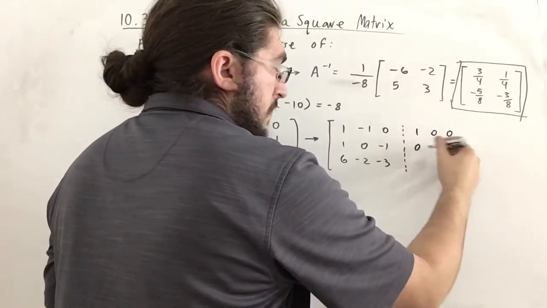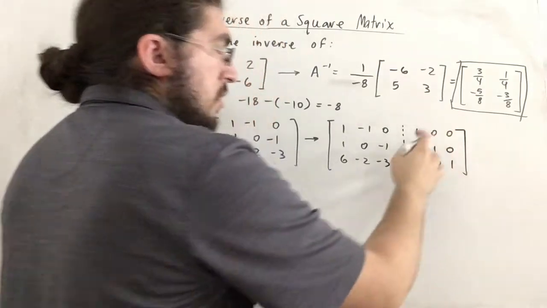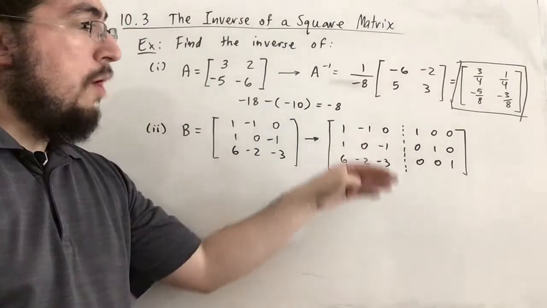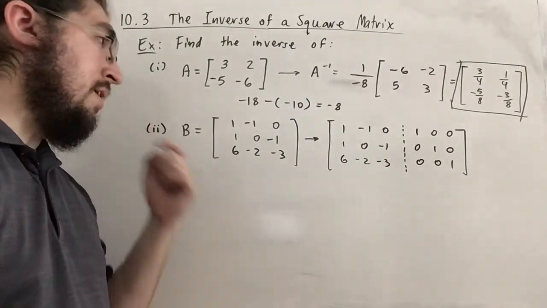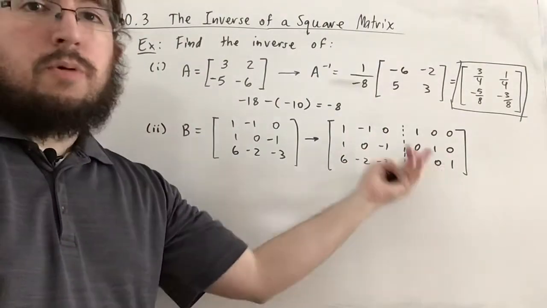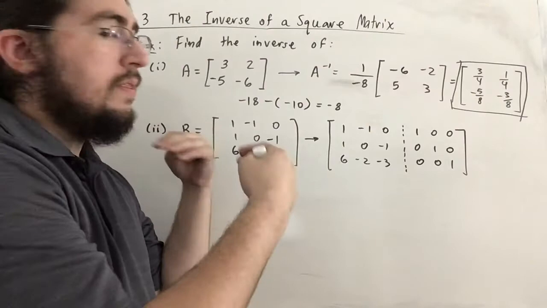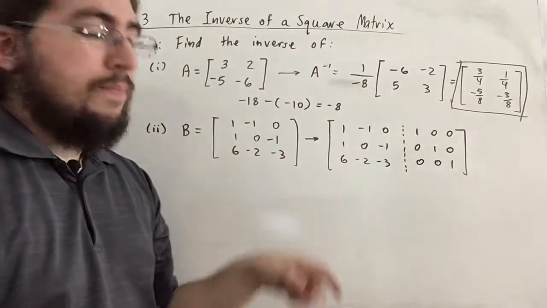And then the identity, in this case a 3 by 3 identity, is 1, 0, 0, 0, 1, 0, 0, 0, 1 on the right. Now we'll use row operations to transform this side into the 3 by 3 identity. And the result we get here will be the inverse. The only thing is, when we're applying the row operations, we have to make sure we apply them to the whole row.